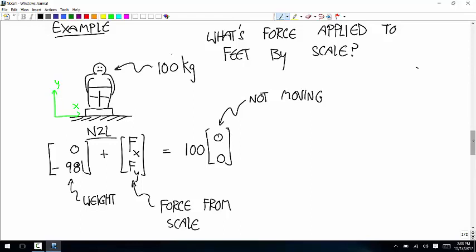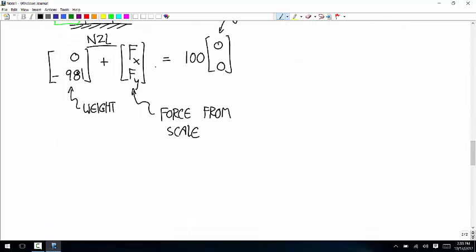And now I'm going to break this up into two different equations: the X component equation and the Y component equation. So for the X component equation, I'm just going to take all the X components, so 0 plus Fx is equal to 100 times 0. So 0 plus Fx is equal to 0. And so what's Fx?